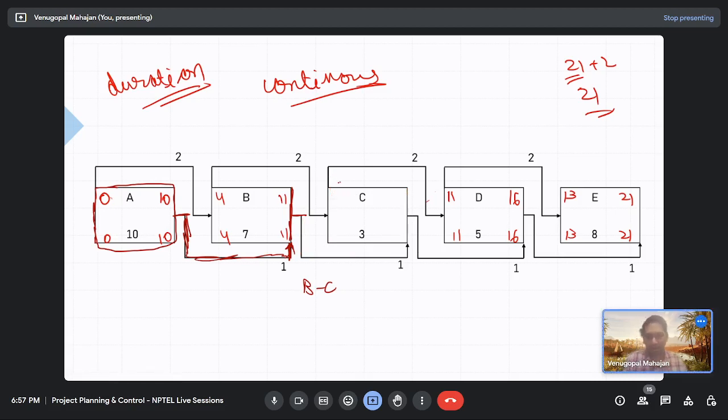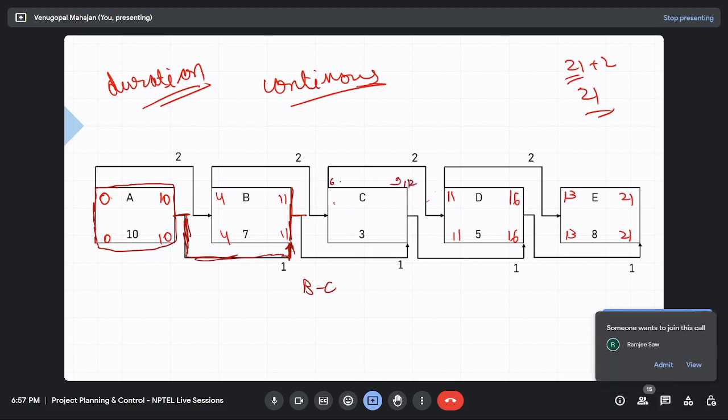If you had to calculate values for activity C, what values would there have been? 4 plus 2, 6, 6 plus 3, 9, or 11 plus 1, 12, and 12 minus 3, 9.